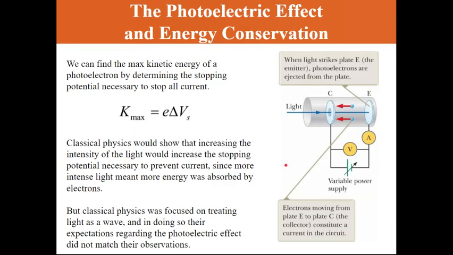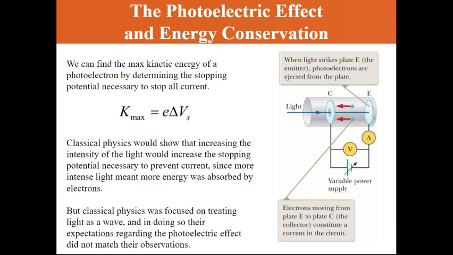Now, the electrons that get ejected all carry different energies as they travel to the collecting plate. But by reversing the polarity, you could find a potential strong enough to stop all electrons from reaching the other plate.